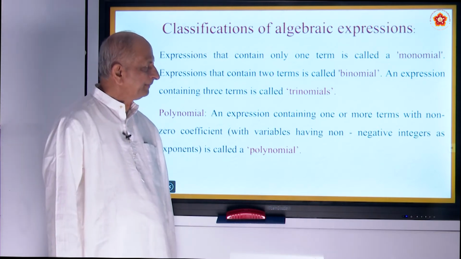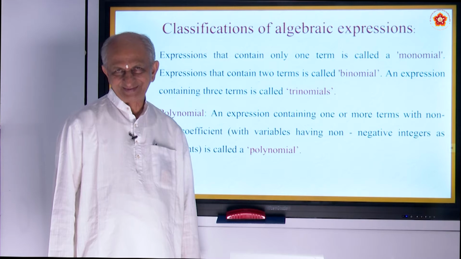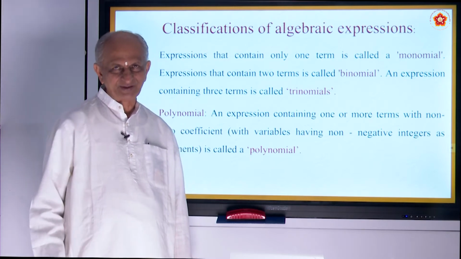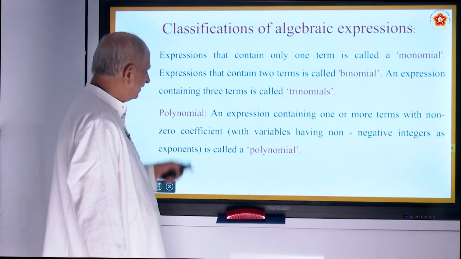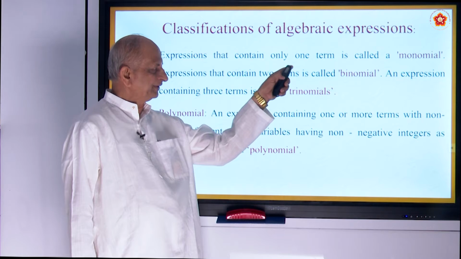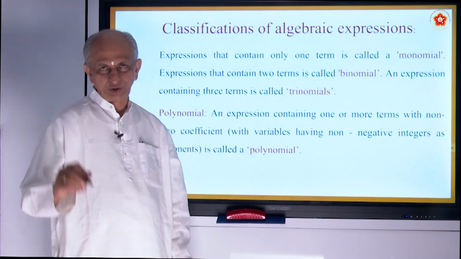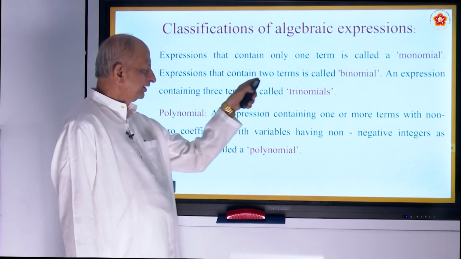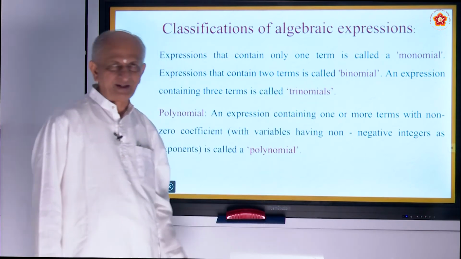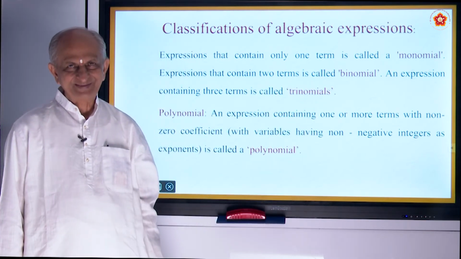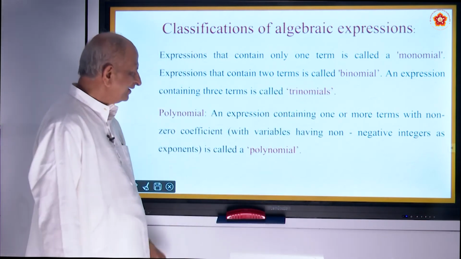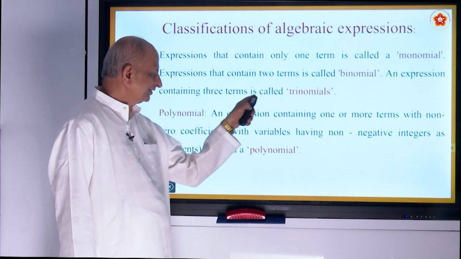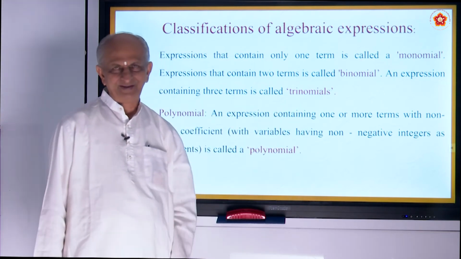Classification of algebraic expressions. Just one step forward from what you have studied earlier. An expression that contains only one term is called monomial. Note down if you don't know. An expression that contains two terms is called binomial. Bi means what? Two. An expression containing three terms is called trinomial.